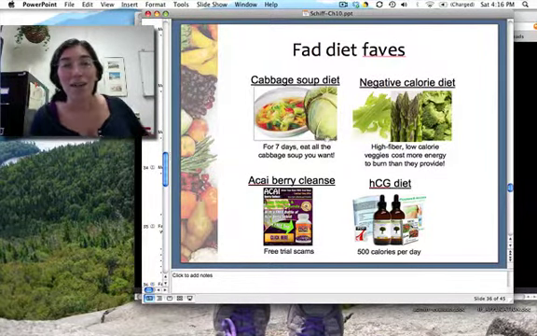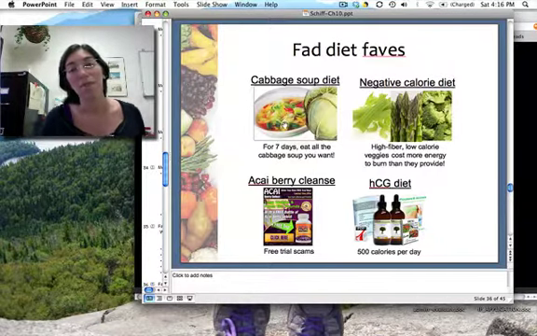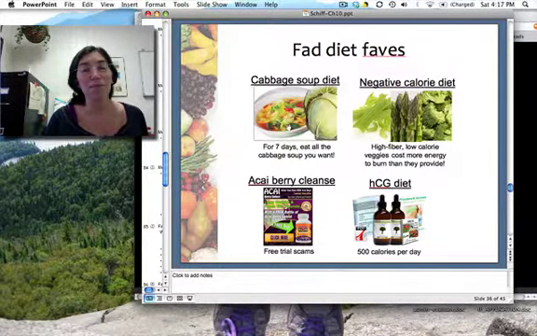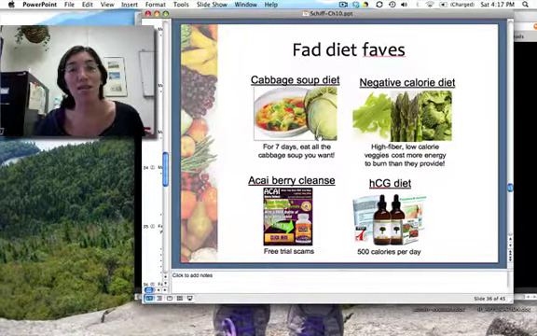It's high in micronutrients, so it's high in vitamins and minerals, but certain vitamins and minerals are lacking because you're not eating meat, you're not eating dairy, you're not eating a lot of protein. Again, it's meant to be a temporary diet to lose weight quickly.